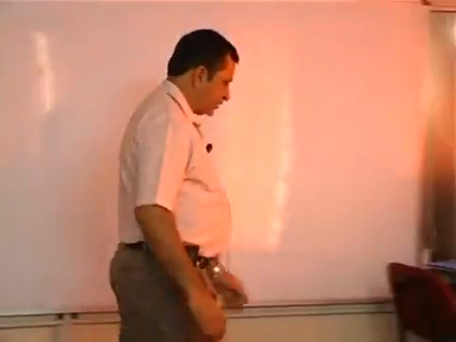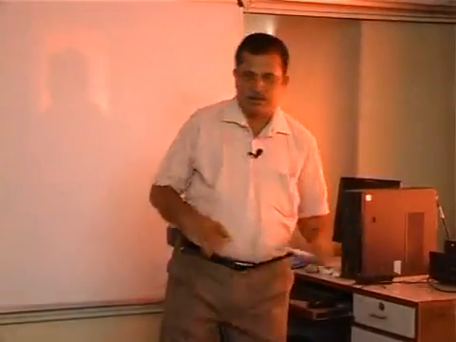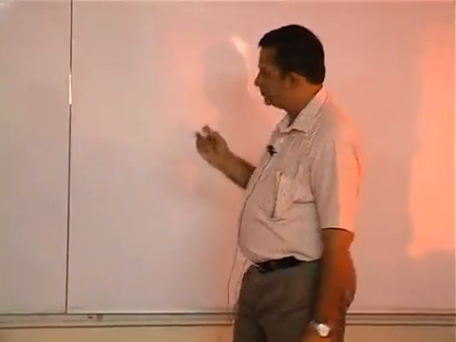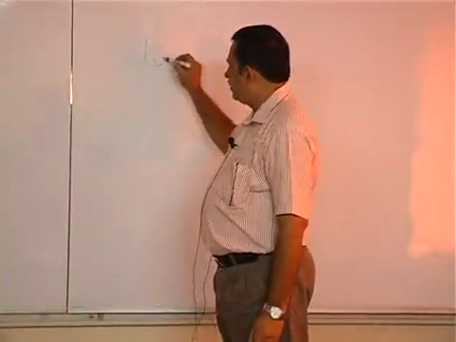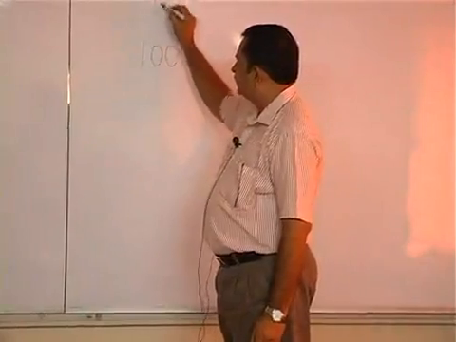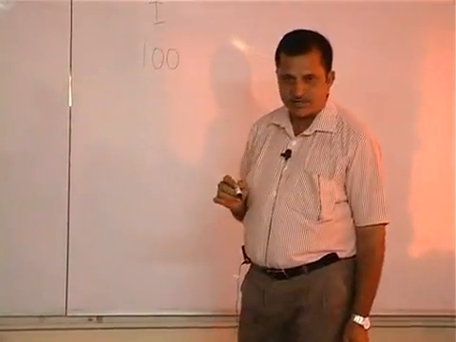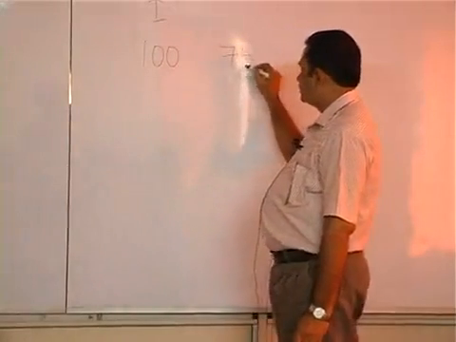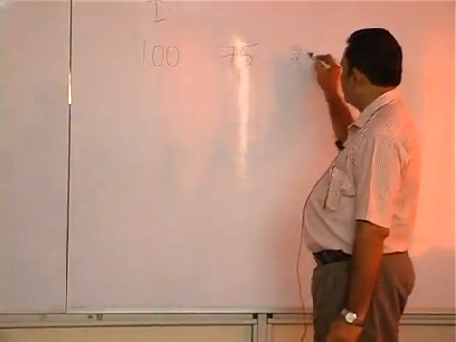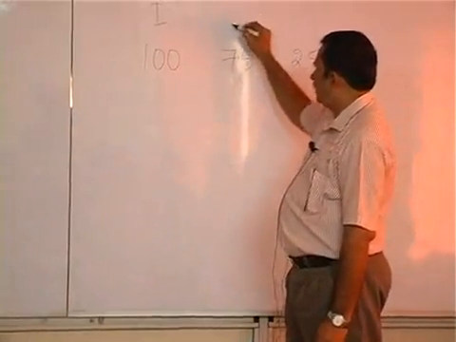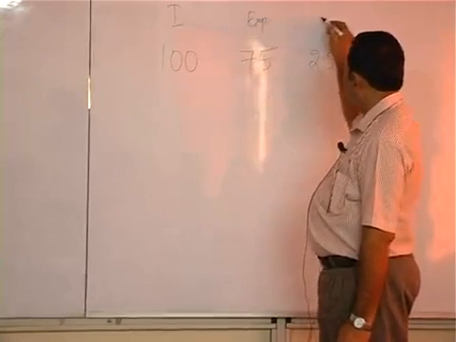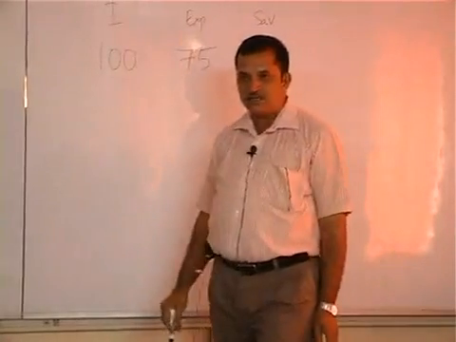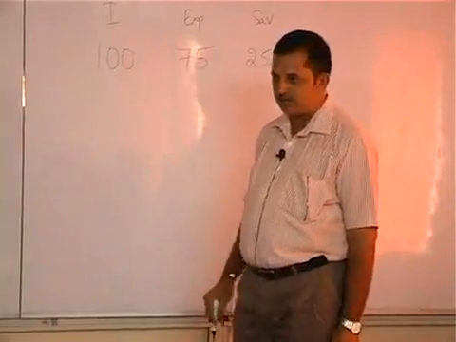Say for example, the income of the woman is 100. A woman spends 75% of her income. In 100 she will spend 75. Means how much she is saving? 25. Her income is increased by 20%.